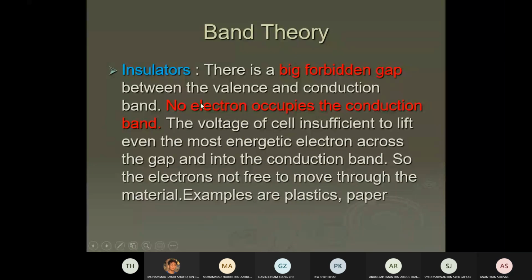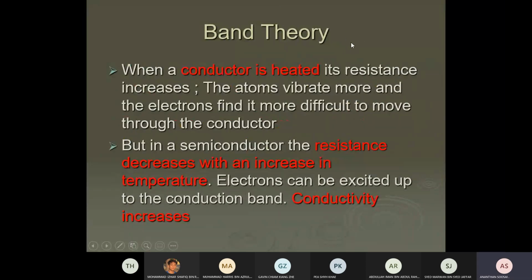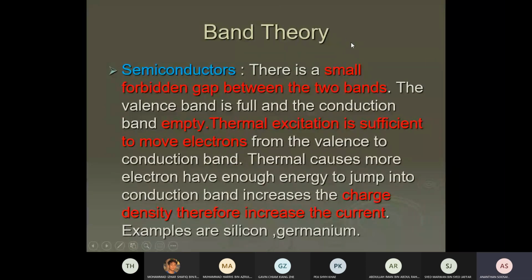So this explanation you have to tell in exam. They can link to LDR, they can link to thermistor. LDR and thermistor are a type of semiconductor. Okay, any questions?